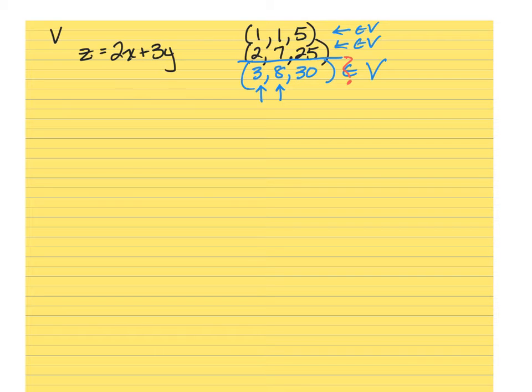Now that's just one specific case, okay? If I want to show that this vector space V is closed under addition, I can't do it for a specific case. I have to do it in full generality. So here's how that would look.